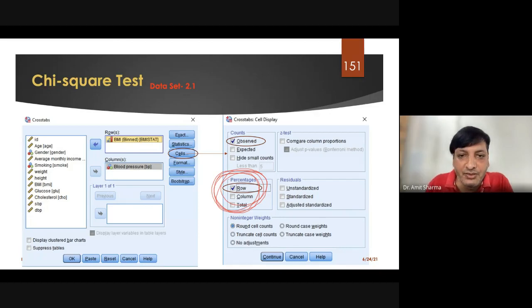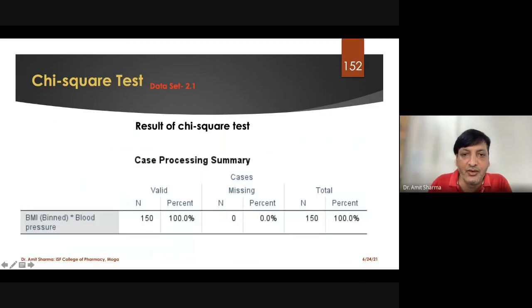Clear? So once you click continue, you are going to get a table, and the first table of chi-square will be the case processing summary. It will let you know what you have compared with what.